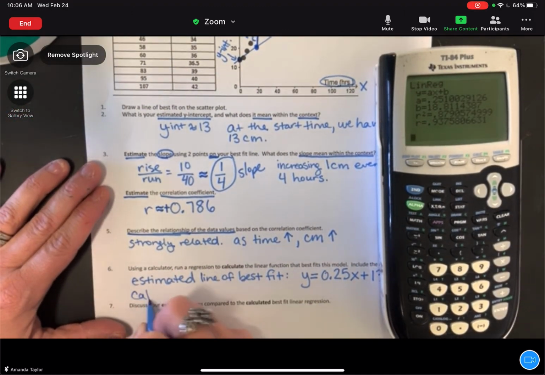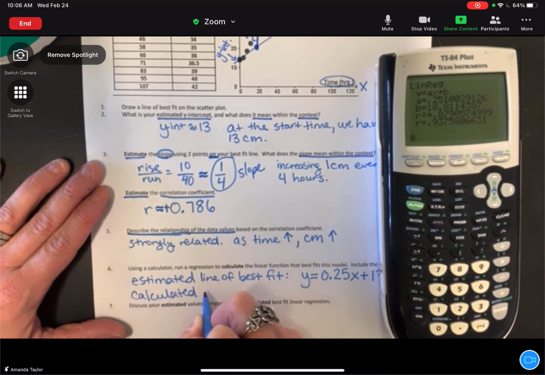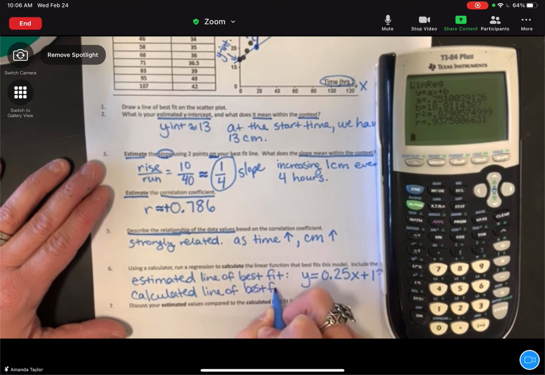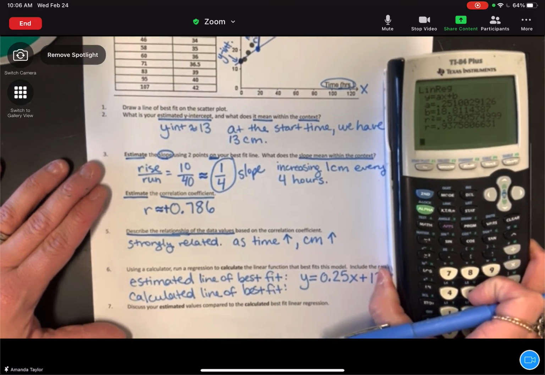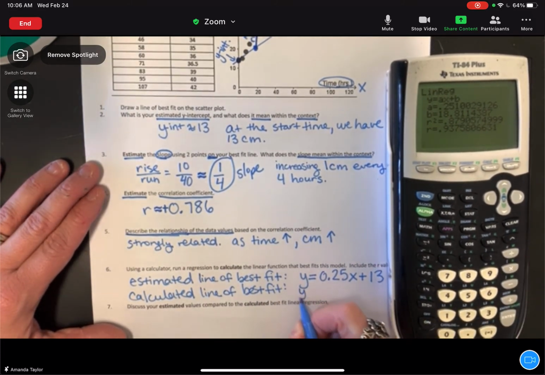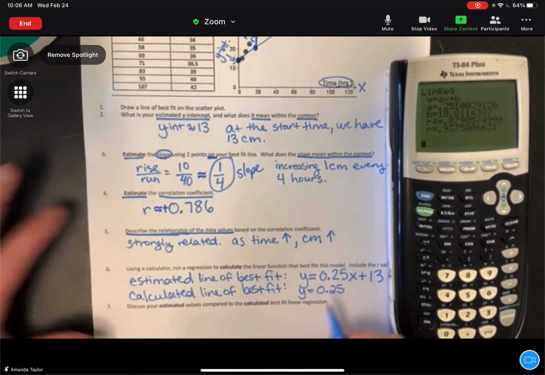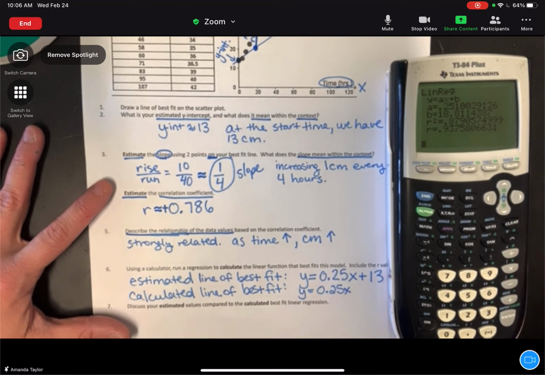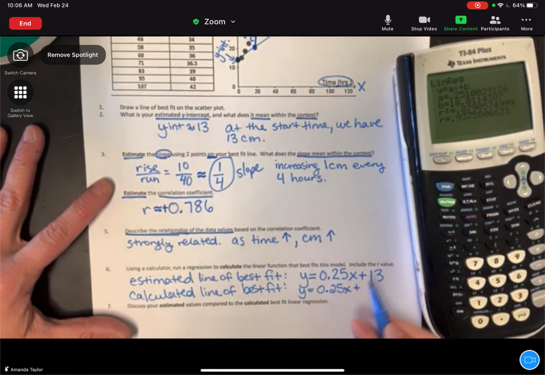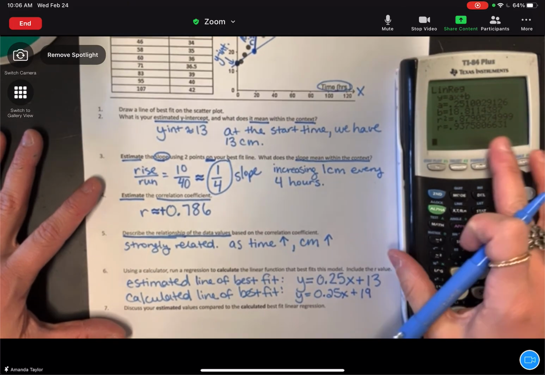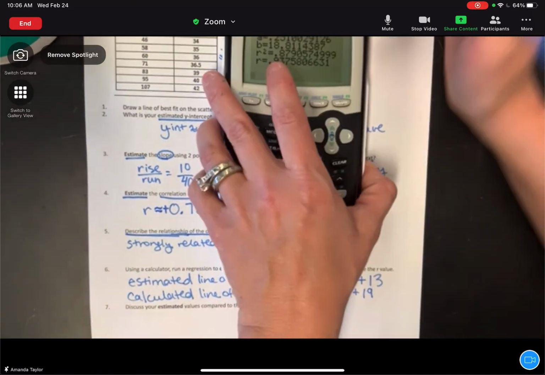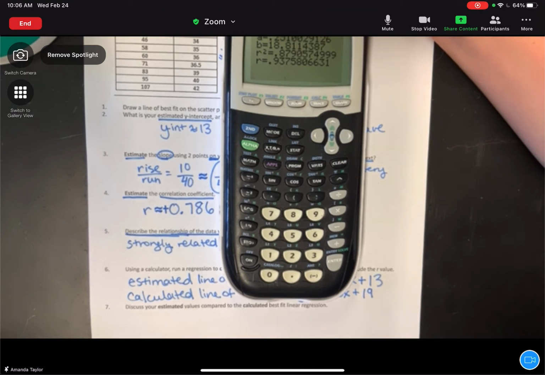All right, so here's the calculated line of best fit. I'm so impressed with our slope skills there. So y equals 0.25, you could even say 0.251, x plus what? 18? 19? In your calculator, it's going to say y equals ax plus b.